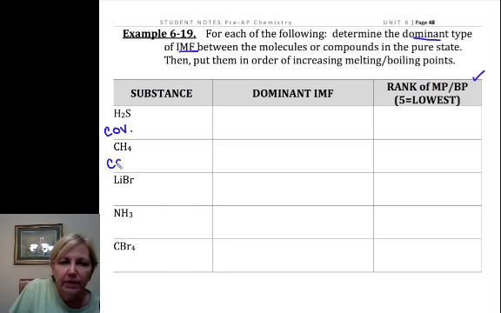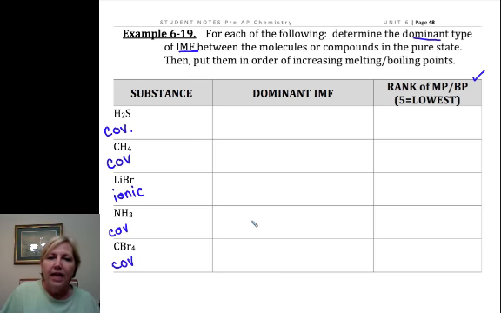CH4 is non-metal, it's covalent. LiBr is metal, non-metal, so it is ionic. We have a non-metal, it's covalent. Non-metal, it's covalent.